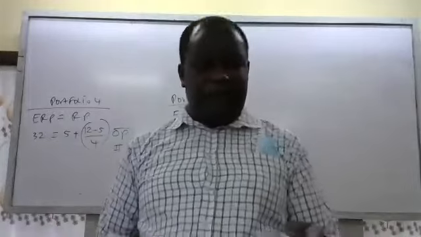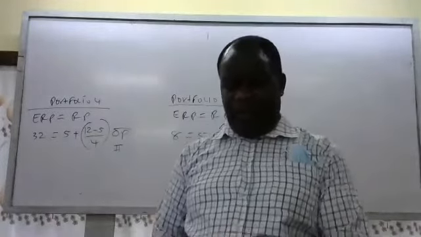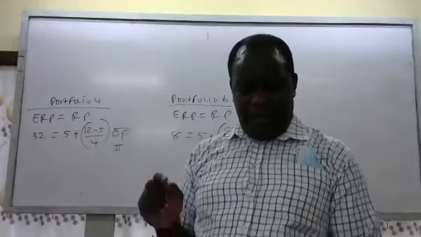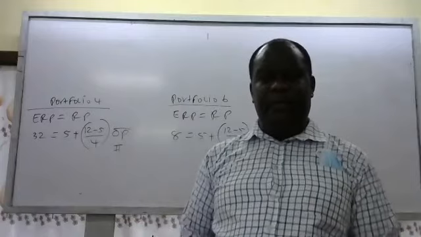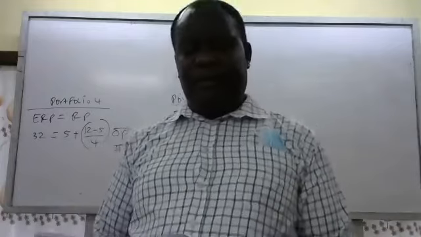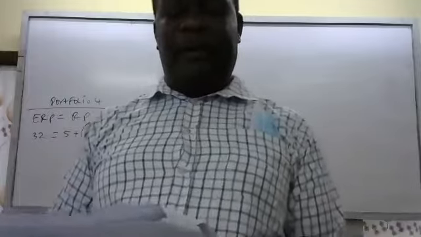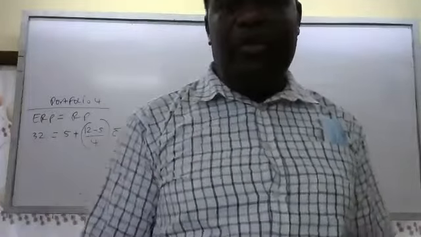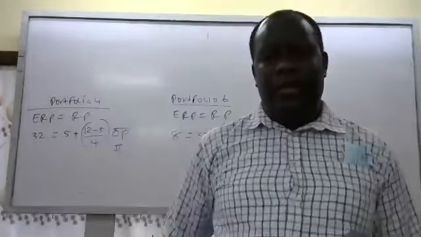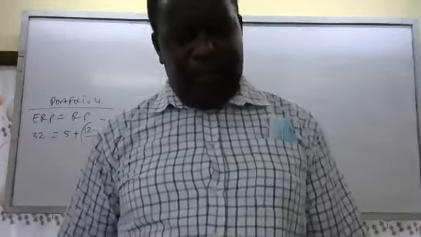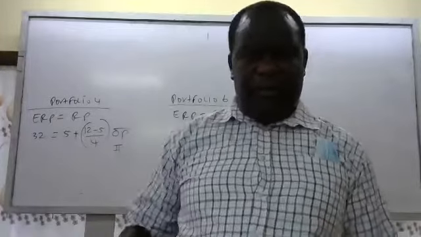So there's a question I've sent to the group for the class. The past papers are not yet ready. So there's a question for September 2015, question 5, part B. I've sent the question to the group. Those who are online, you check. There is a question in the class group.